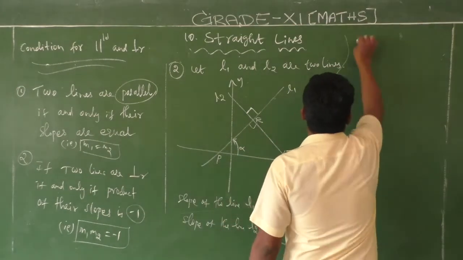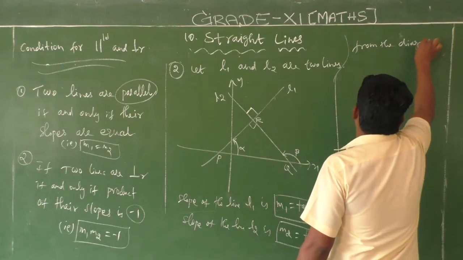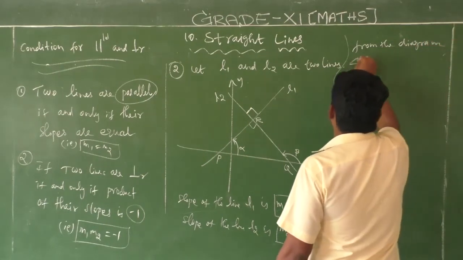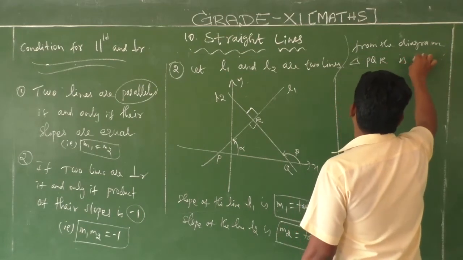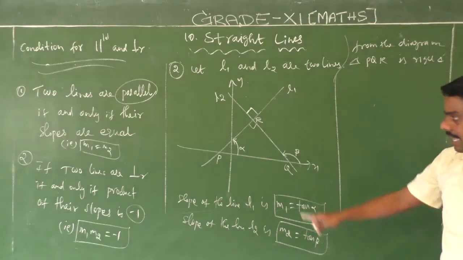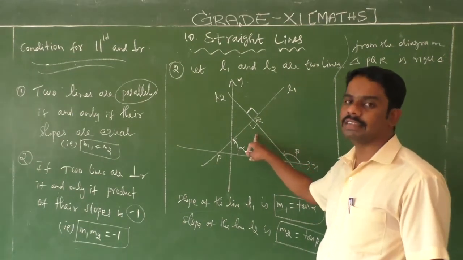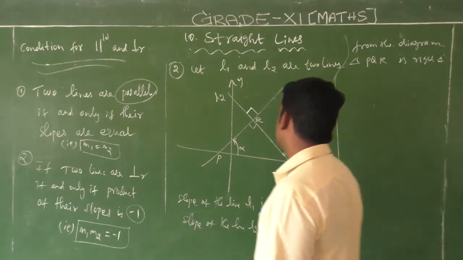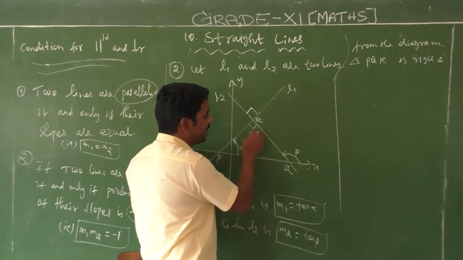From the diagram, the triangle PQR is a right angle triangle. One angle R is a right angle. Angle P is alpha and angle R is 90 degrees.